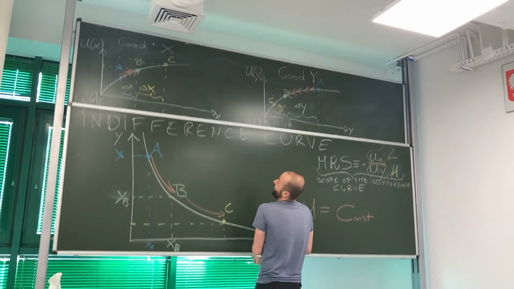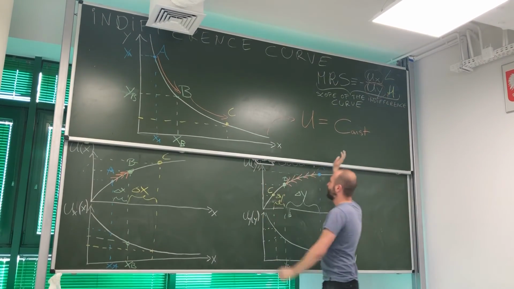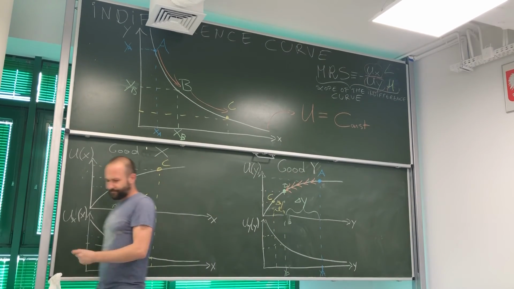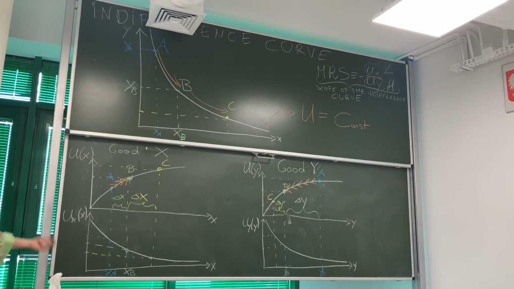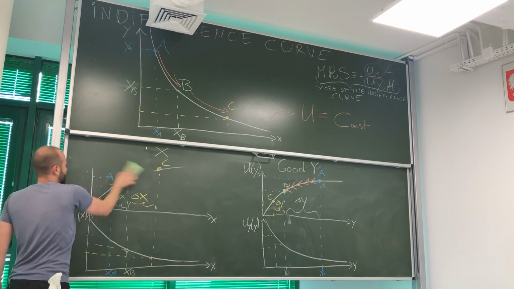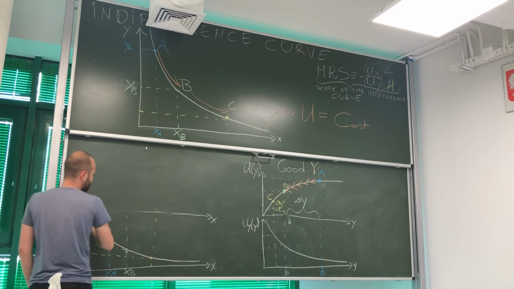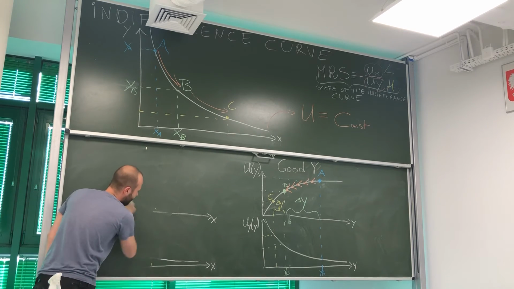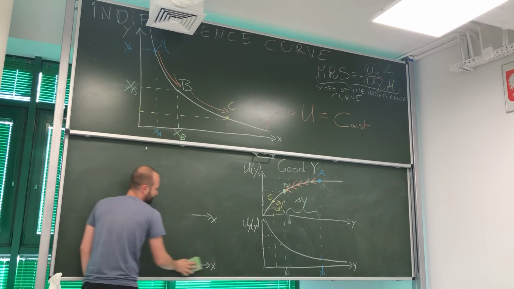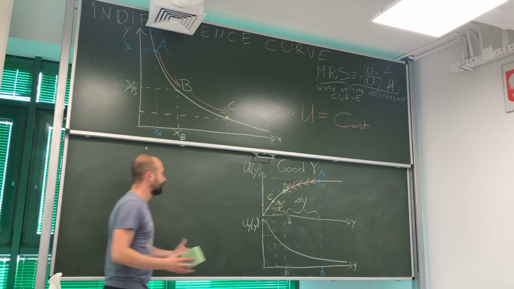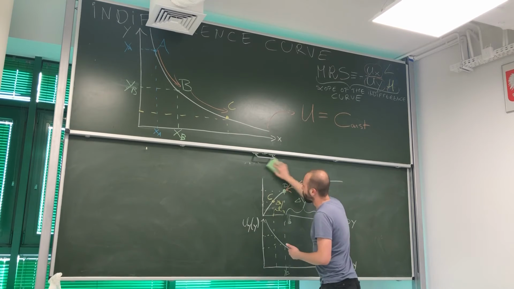But let's just say a couple more things about indifference curves. Because look, what is important to us, of course, is to figure out how the customer is achieving the highest possible utility, right?